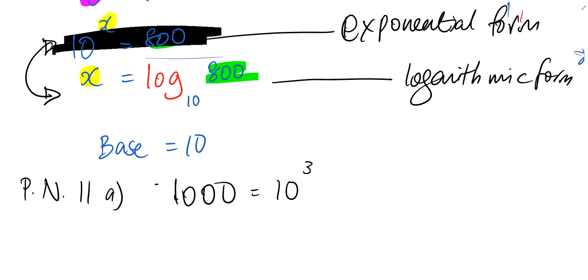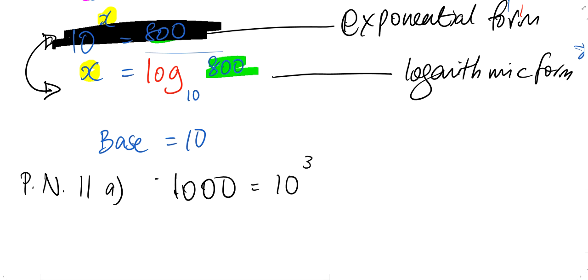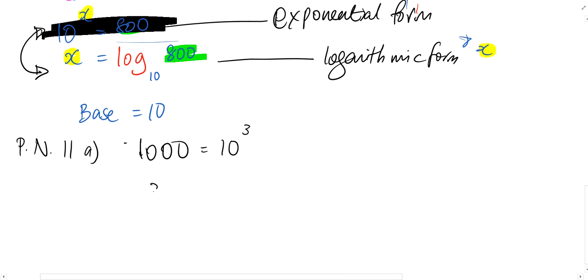I've been studying the power, so shall we continue with the power? What is the power? 3. So we now have 3 equals log base, what is the base? 10, of 1000. This is the logarithmic form.